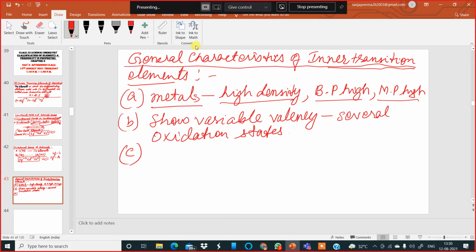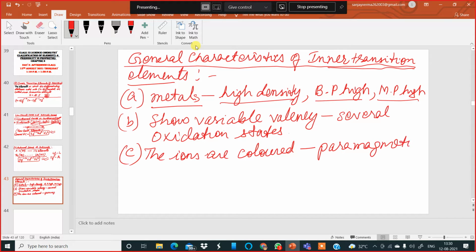Then moving to the next characteristic, the ions of these elements are colored, as well as paramagnetic. Paramagnetic means they are affected by magnetic fields.